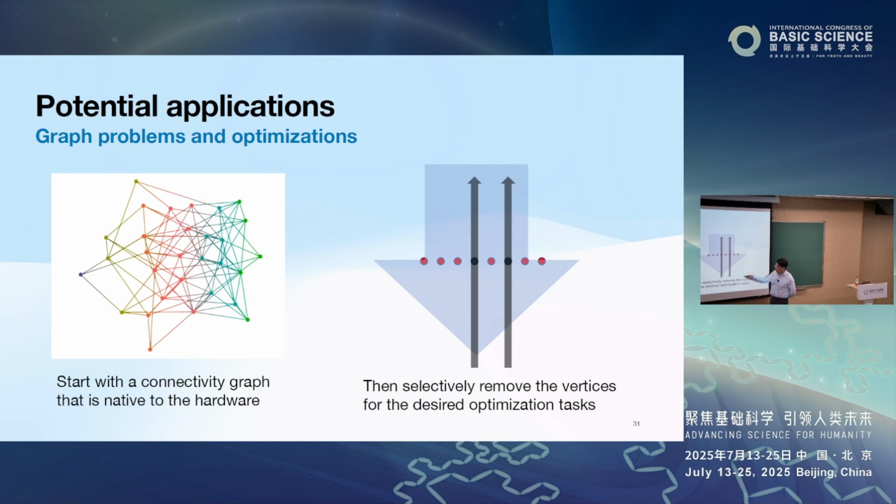Perhaps we can start with a connectivity graph that is native to the hardware, and then we can massage that, we can tune that into some other interesting graphs by either hiding or numerical optimization techniques. So this is kind of a generalization of the previous idea.